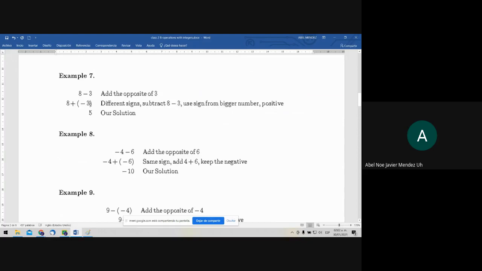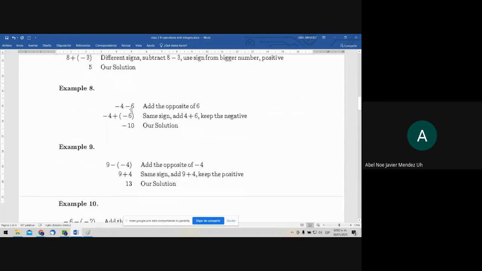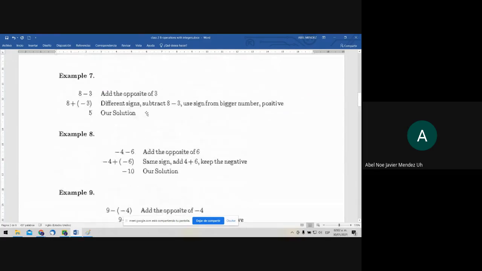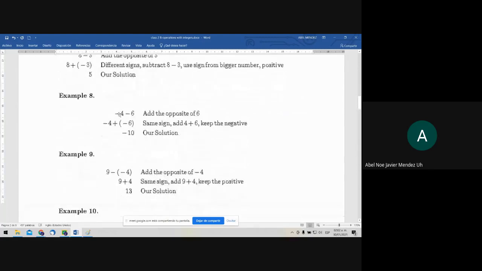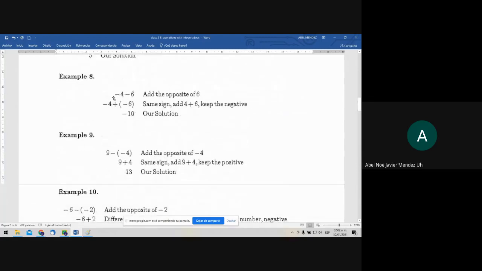We add the opposite, which is minus 3. Okay, and we have here an addition with numbers whose signs don't match. Different signs, subtract the bigger number minus the little number, and keep the sign of the bigger number. Okay, it's the same solution.